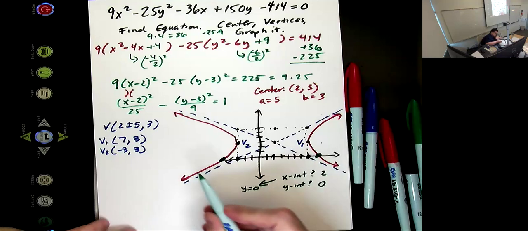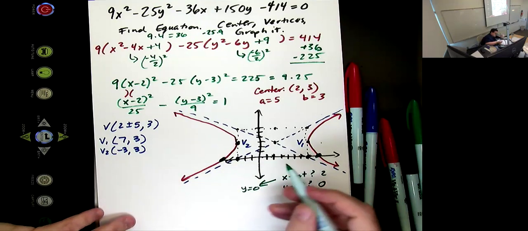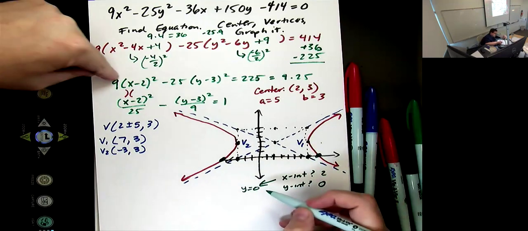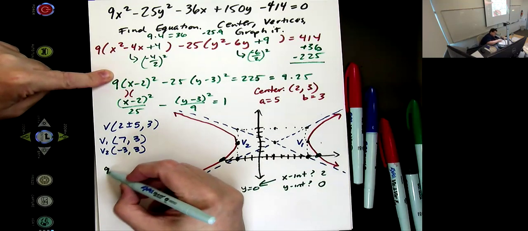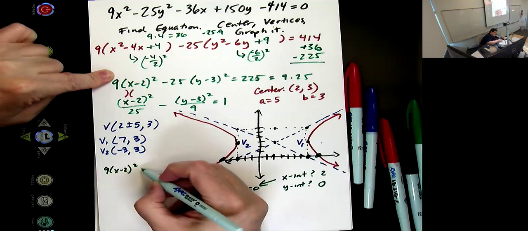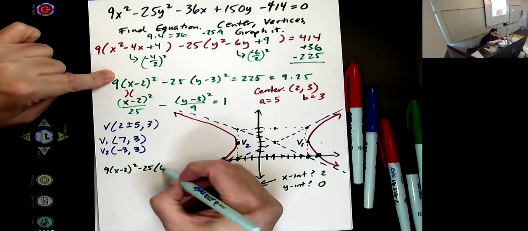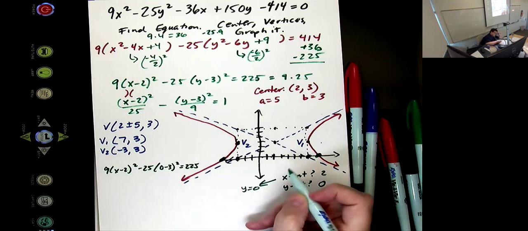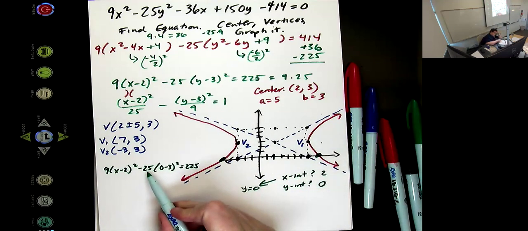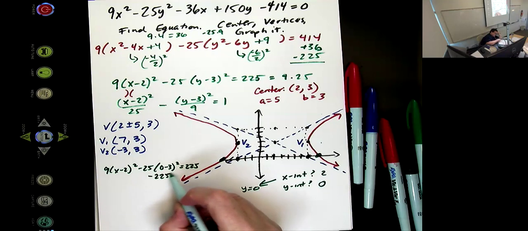Let me finish this. So x equals 0 or y equals 0. I'll just do that right here. So I've got 9 times (x minus 2) squared minus 25 times (0 minus 3) squared equals 225. This is negative 225 right there.